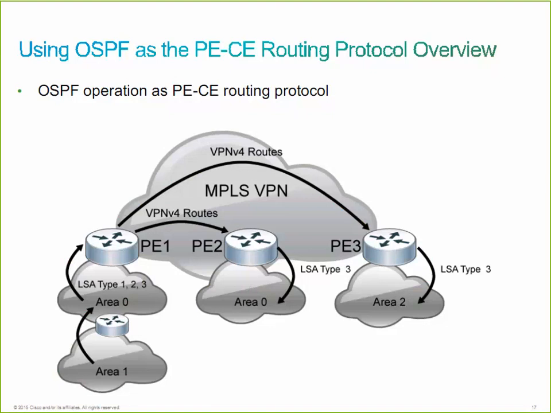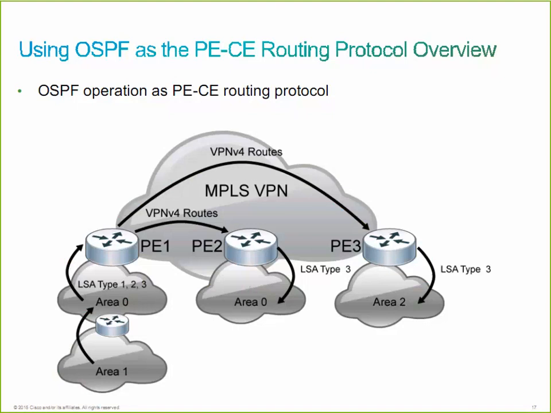We normally would see those generate type 5 routes, OSPF external routes. But the PE routers are actually acting as ABRs instead of ASBRs. It's kind of counterintuitive, right? You think of redistribution, you always think of ASBR, because that's what an ASBR does. It redistributes routes from one autonomous system into another type of autonomous system.